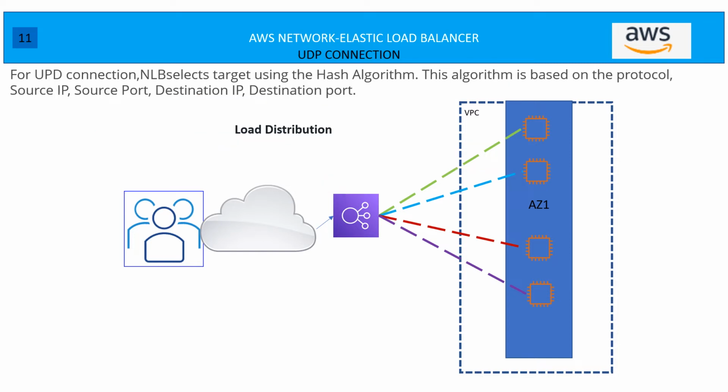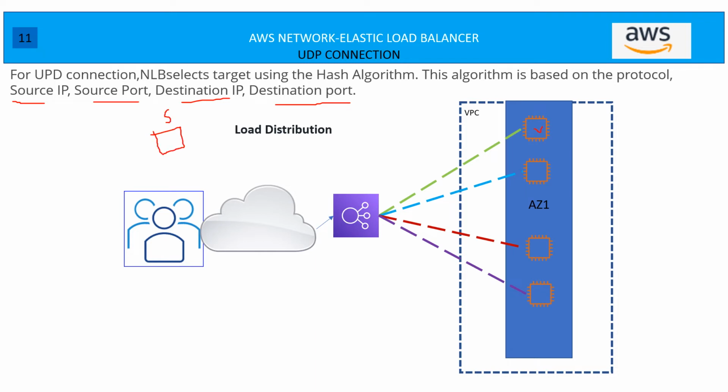Let's talk about the UDP connection. UDP connections, we know, are connectionless, and you're not going to have any unique value which comes from TCP. So the algorithm is completely based on the source IP address, source port, destination IP address, and destination port. It means these four tuples will decide which EC2 instance traffic goes to. Let's go for the same example.